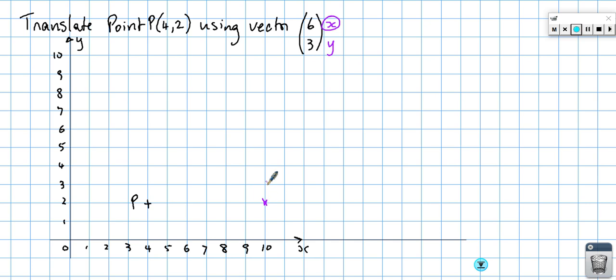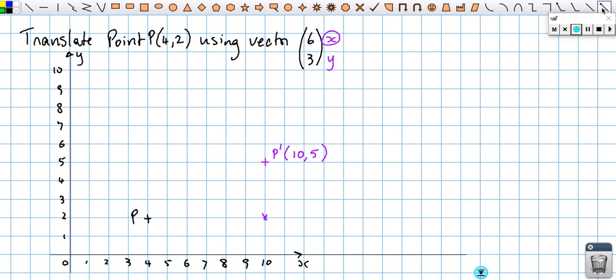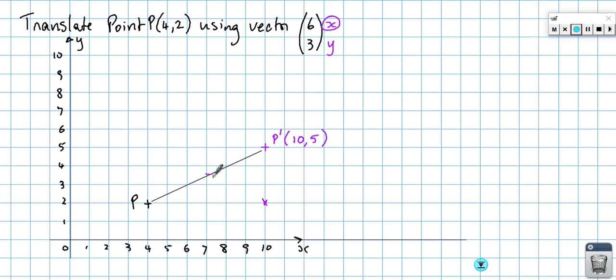So it's 1, 2, 3 on the y-axis. So our new point P is going to have coordinate 10, 5. So we need to see the vector from there till there. Right? So that is our vector. This is the place 10, 5 where our original point P has finished up.